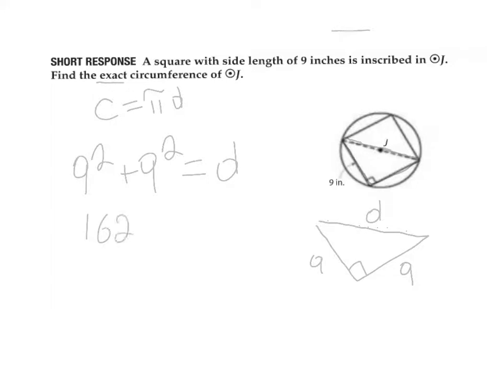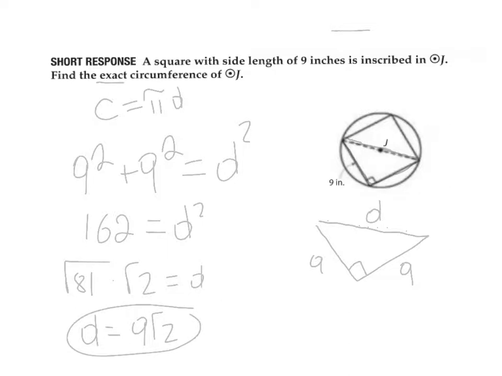So 162 equals D squared. Oh, I forgot my second power. Square root. Please remember, 162 can be rewritten as radical 81 times radical 2 equals D. So diameter equals 9 radical 2.